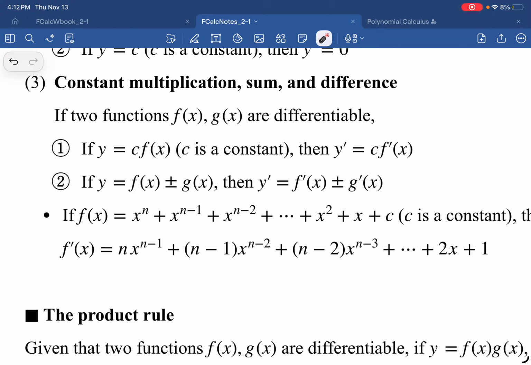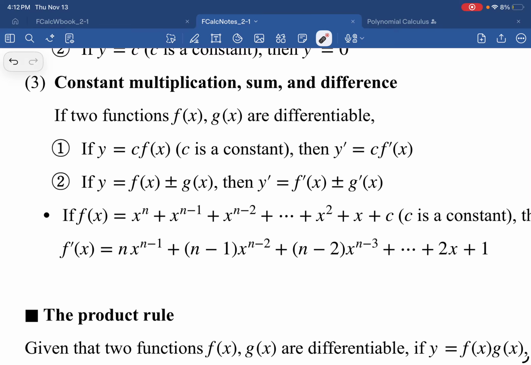If you want to take the derivative of two functions that are adding or subtracting, you can directly do so. f plus or minus g goes to f prime plus or minus g prime. So if you want to take a derivative of a polynomial function, you just want to evaluate each term separately and individually, right? Use the power rule for each of these terms that you see.